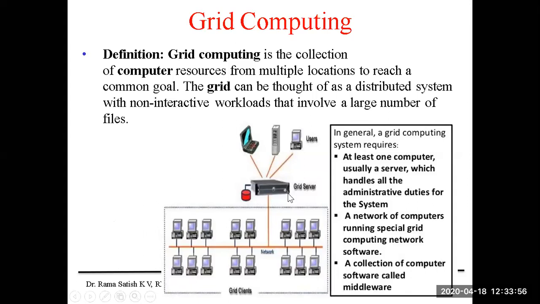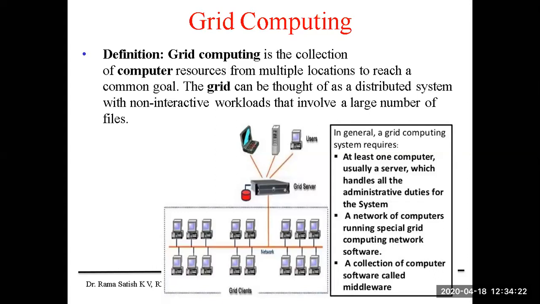In general, a grid computing system requires at least one server which handles and administers all the operations in a network. The second thing is the network of computers running special grid computing network software.